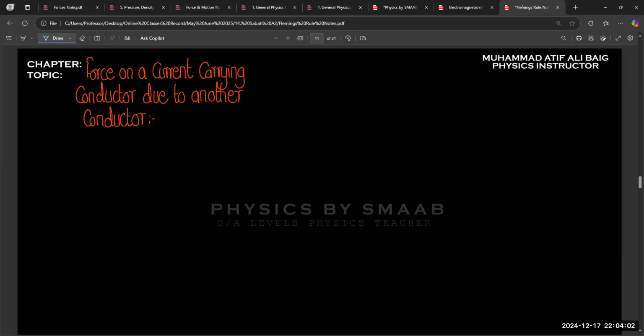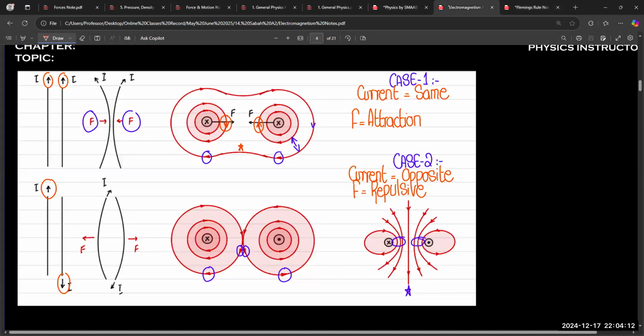Basically, in this example, there are two conductors, so both conductors exert a force of attraction or repulsion. One conductor applies force on the other, and the second conductor applies force on the first.